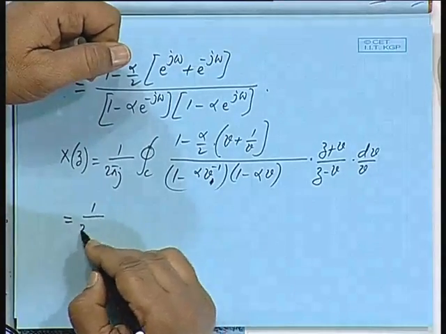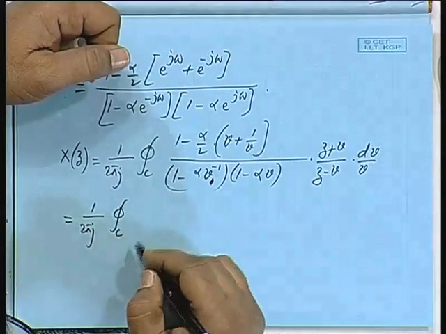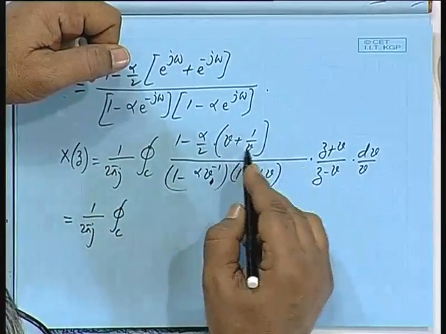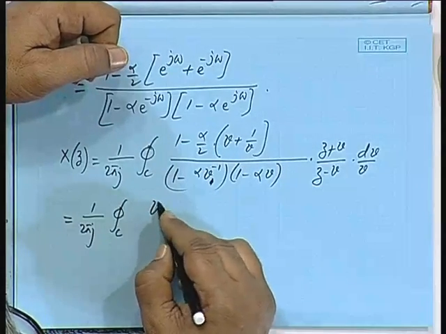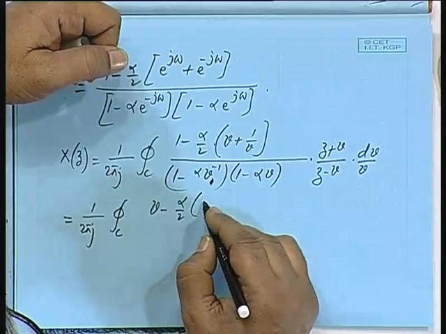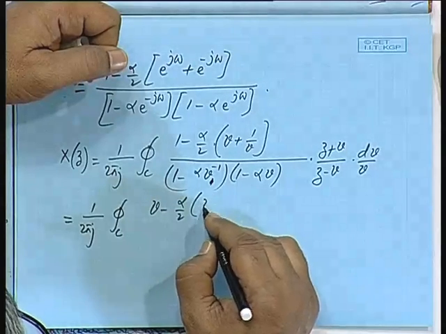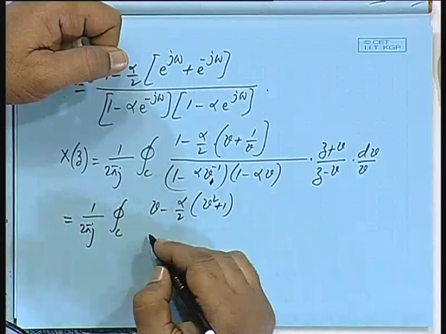So, 1 by 2 pi j, if you simplify this, multiply throughout by v, the numerator becomes v minus alpha by 2 into v squared plus 1, is that all right?